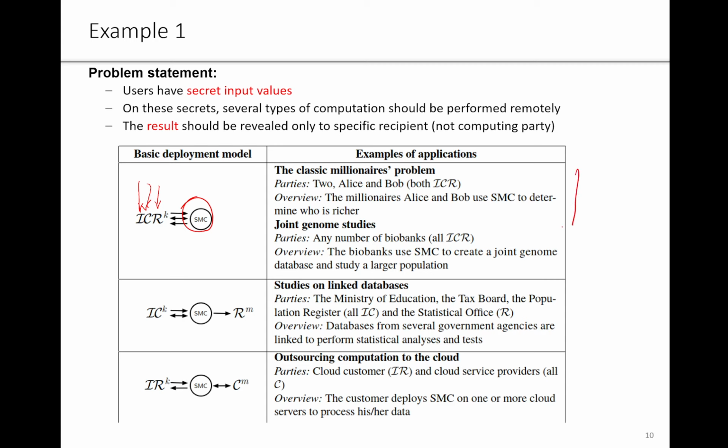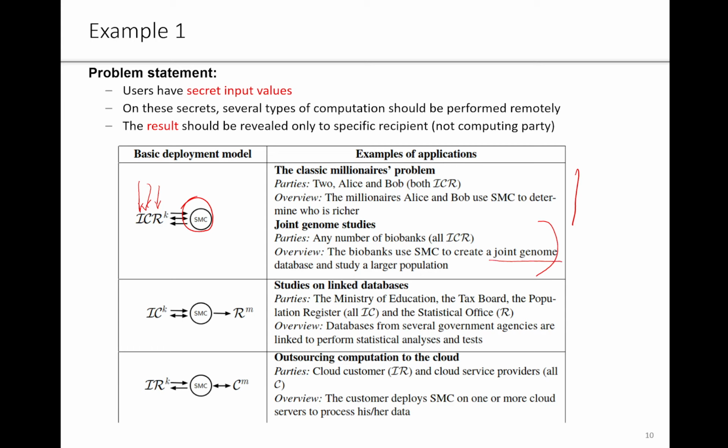So a typical example is there are two millionaires, and they want to determine who's richer without revealing how much money they have. But it's also applicable in other contexts. So if there are some kind of companies providing biobanks, some genome sequencing companies, they don't want to reveal their genome knowledge and databases, but they want to check.